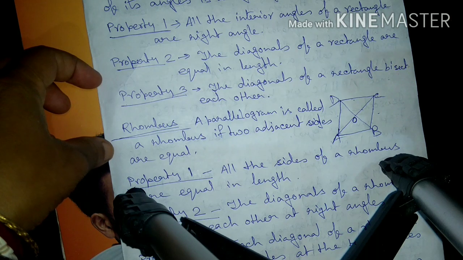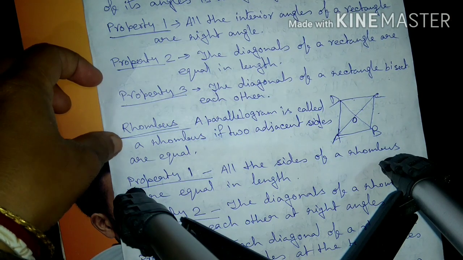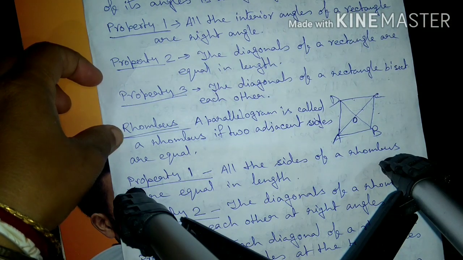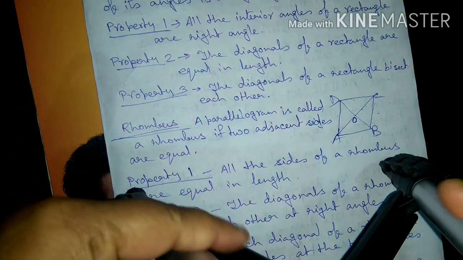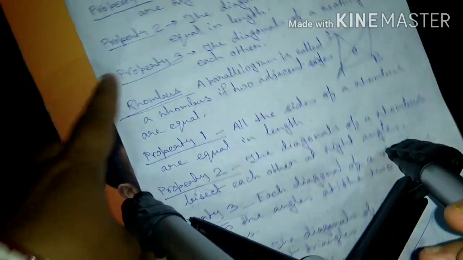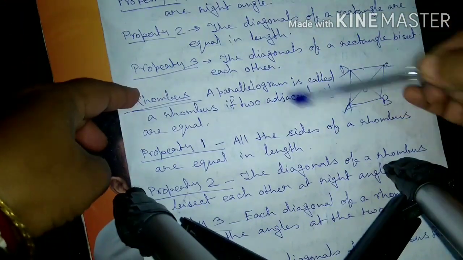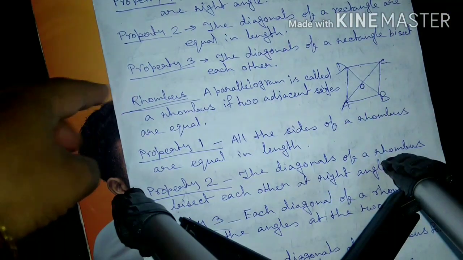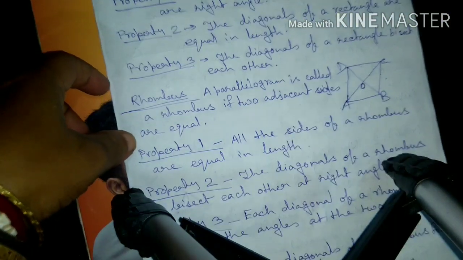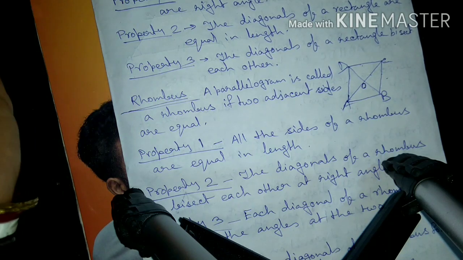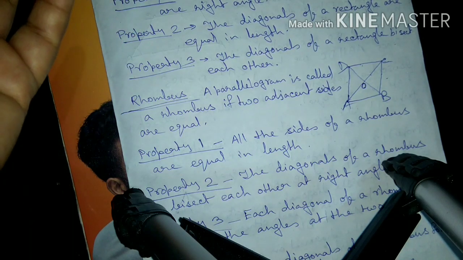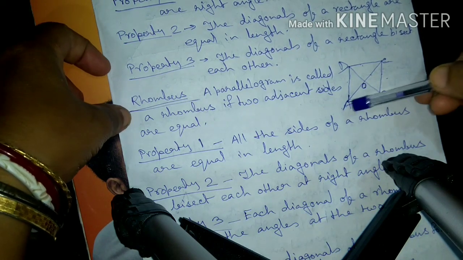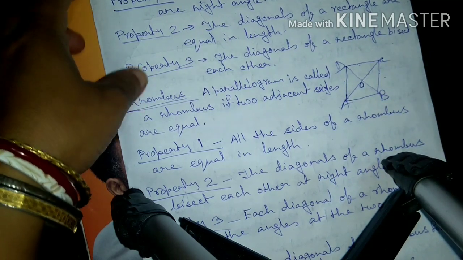So all the properties of a parallelogram will be there with the rhombus, with some additional properties. Which are those additional properties? All the sides of a rhombus are equal in length. In a parallelogram, all the sides are not equal, yes or no? But in a rhombus, all the sides are equal in length.